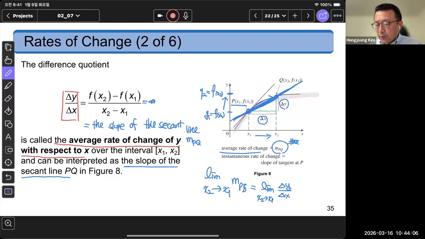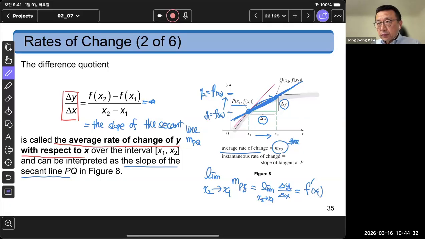If that limit exists, then that was representing the slope of the tangent line at P, at x1, right? And that slope of the tangent line was, in the previous slide, denoted by f prime at x1.